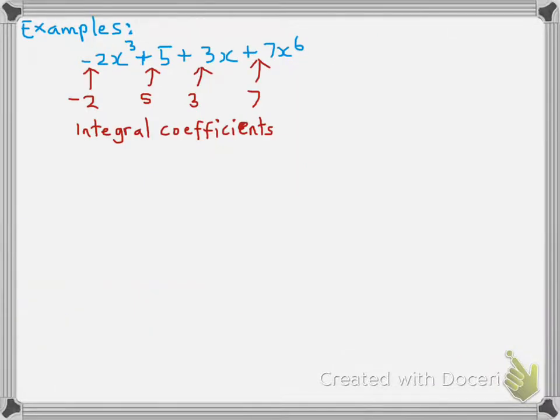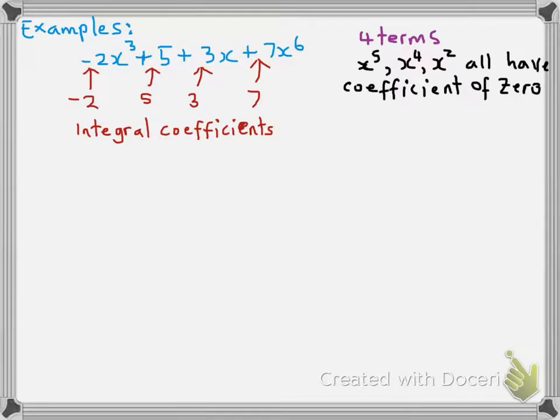Look at this other example. Negative 2x cubed plus 5 plus 3x plus 7x to the power 6. You can see that here you have integral coefficients, right? The coefficients there are integers. There are 4 terms here, but there are some terms that are missing.